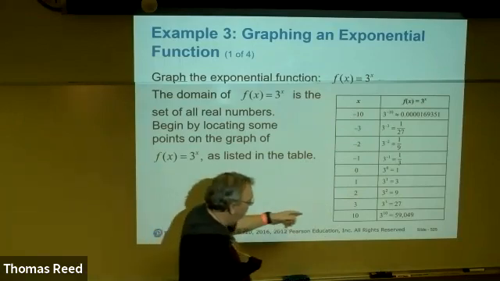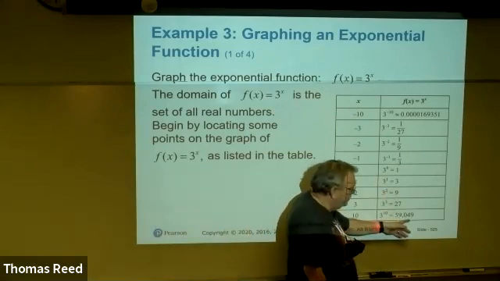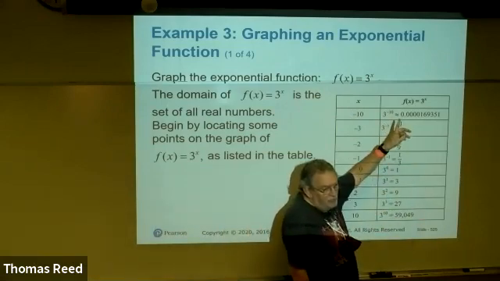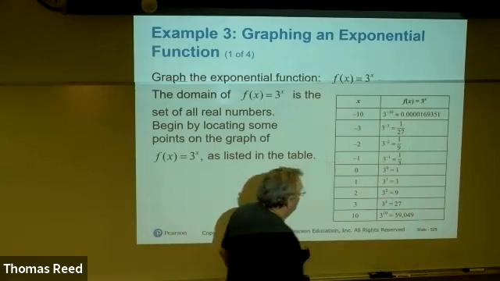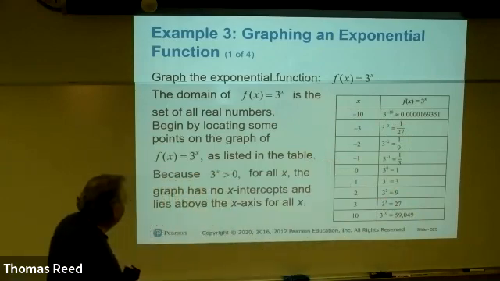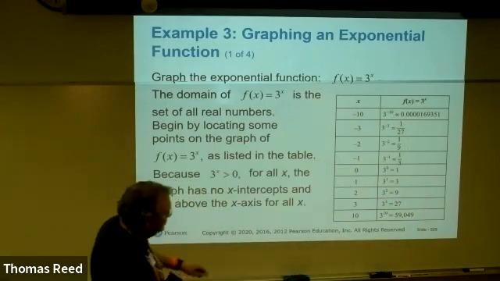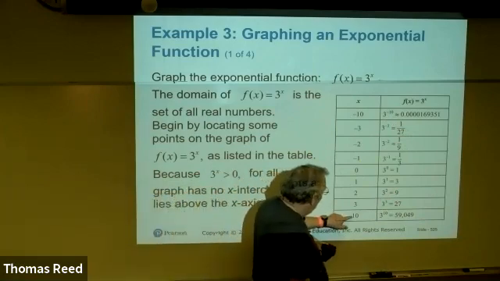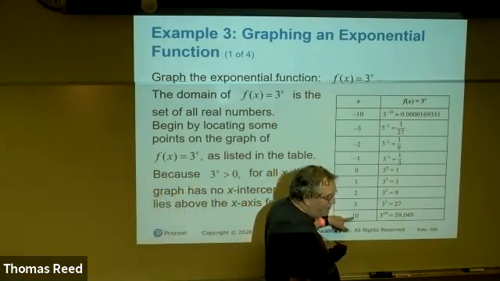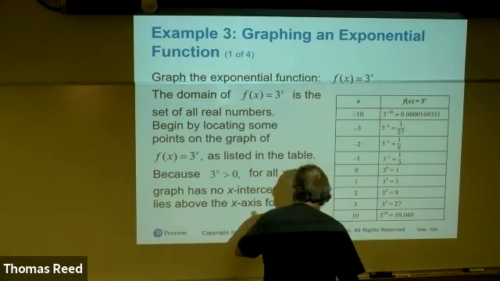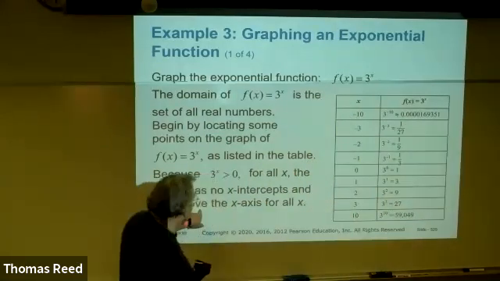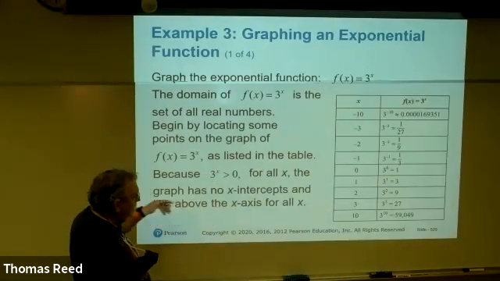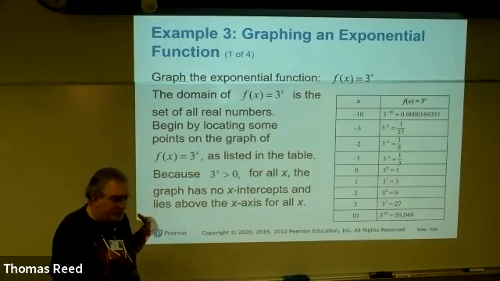And as x goes to the right, I'm going to get bigger and bigger numbers. So it's going to positive infinity that way. As x goes into infinity, the y values go into infinity. But as x goes to negative infinity, the y values get closer and closer to 0.